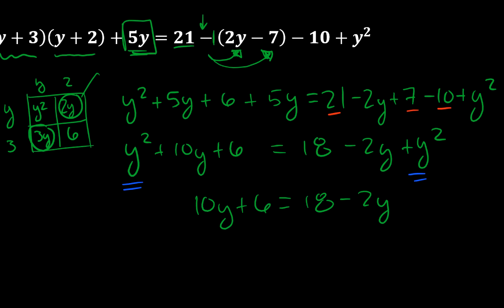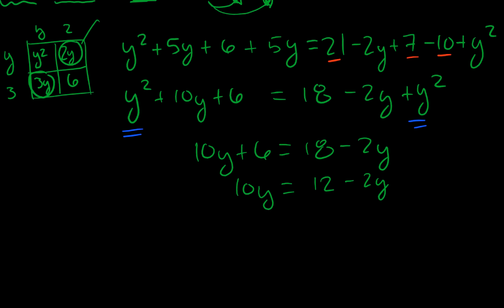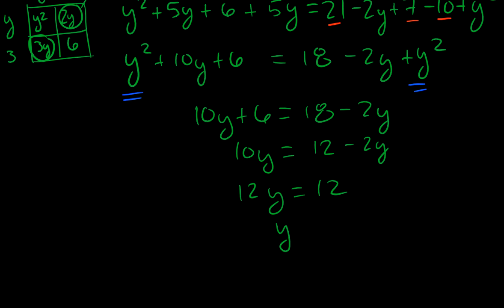I'll take away 6 from each side, so 18 minus 6 should be the number 12, and then minus 2y. I'll add 2y to each side, so 12y is 12, and then y is just 12 over 12, or y is equal to 1.